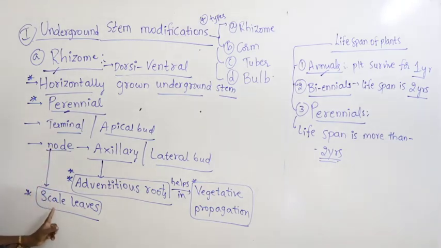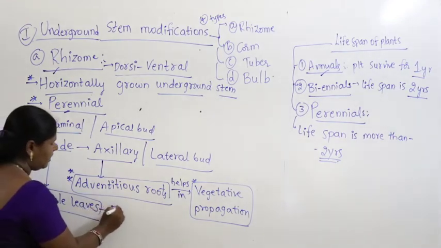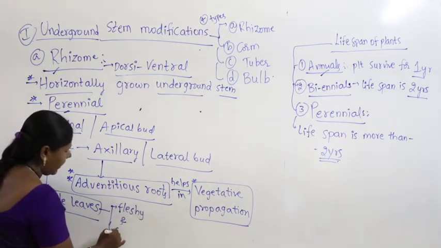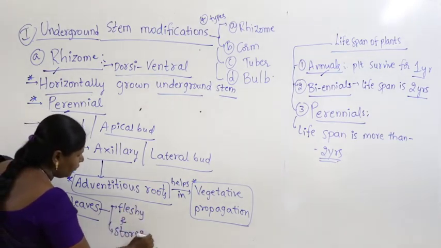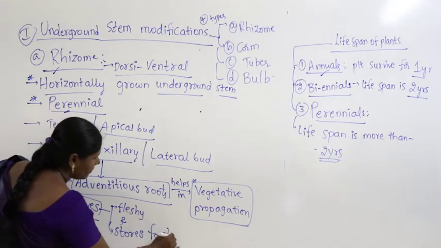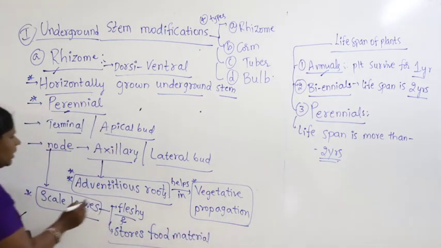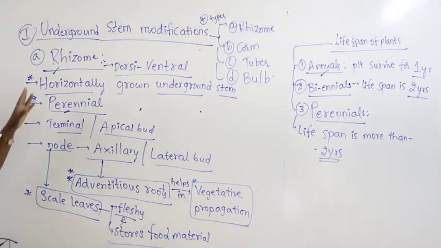On the node you can see scale leaves. These scale leaves become fleshy and store food materials. As this is present underground, this is called rhizome.